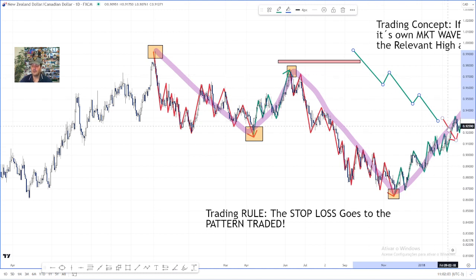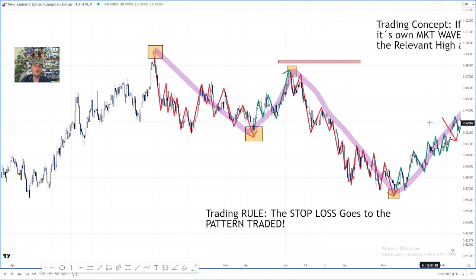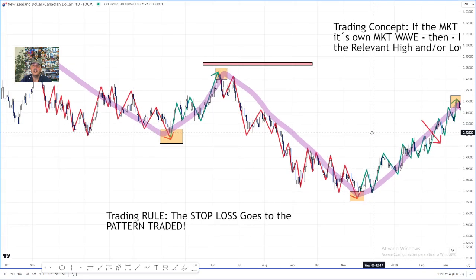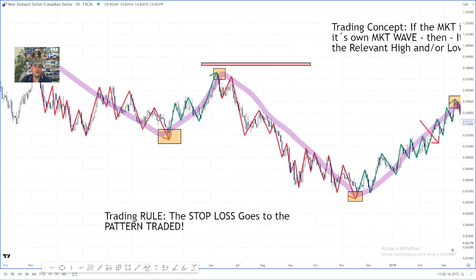Now, I didn't train, so I'm not skilled enough, so I've entered prematurely, and I'm going to enter again, or somebody else is going to short the market in here. Just an example.